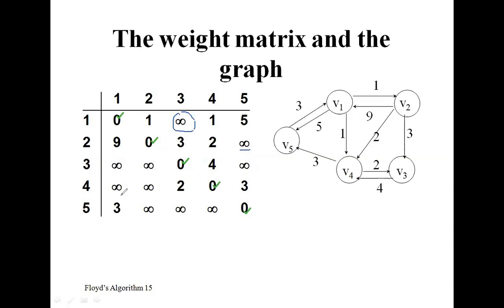Check from 4 to 1, no direct edge, infinity. 4 to 2, no direct edge, infinity. 4 to 3, there is an edge with 2. And so on, you can continue like this and fill up, and you will get the matrix.